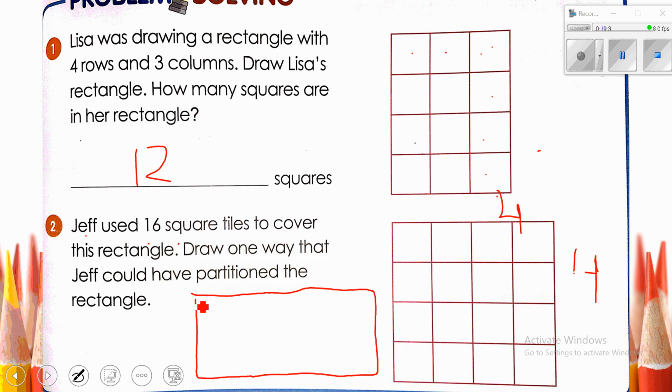Okay, so the teacher told me that 16 is double of 8. It's 8 times 2. So for 2 rows, I have to make 1 line. And for 8, I have to draw 7 lines.